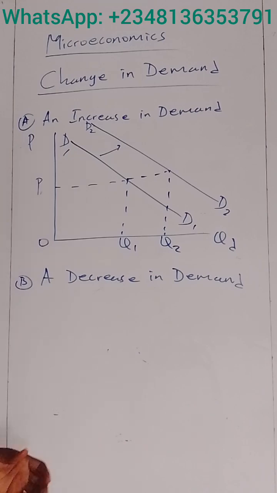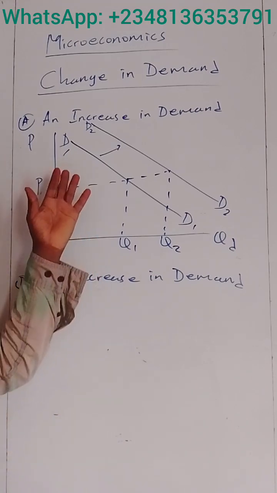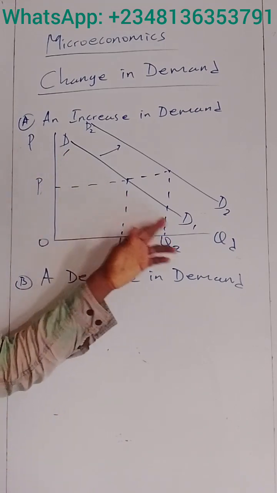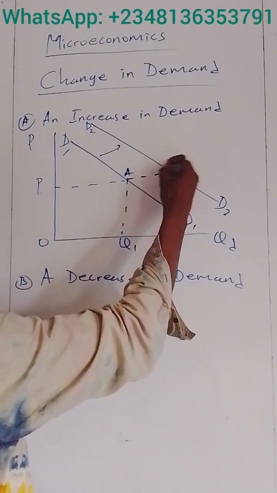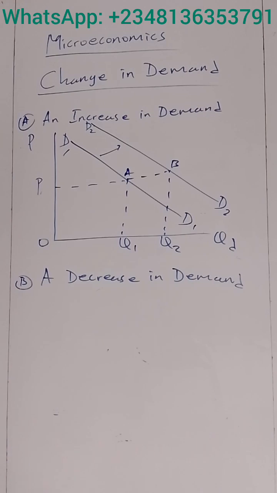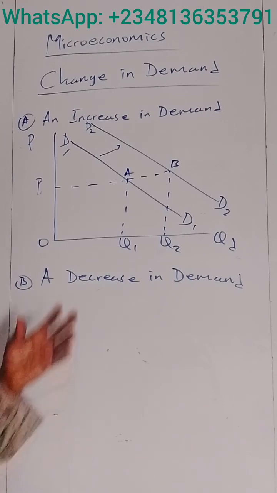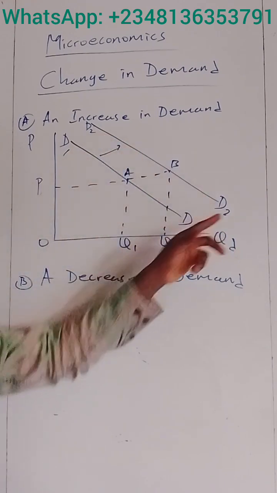You can see that we have a movement from one curve to another curve. We can draw this point A, this is point B. At the old price, there is a rightward shift in demand curve from D1 to D2.